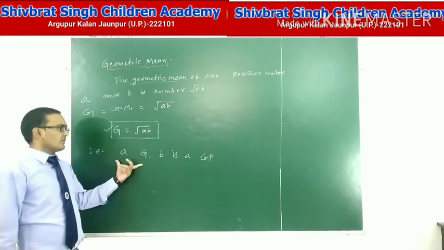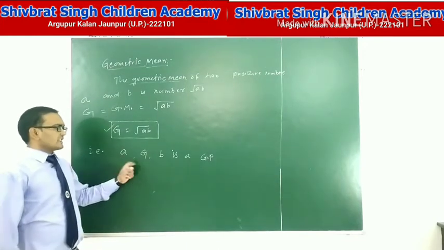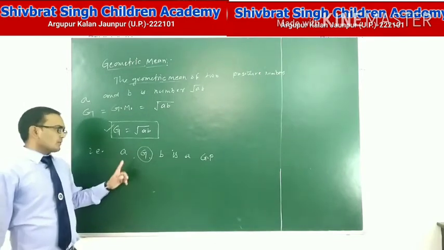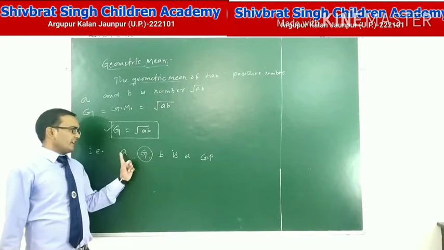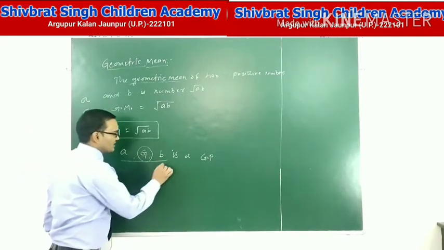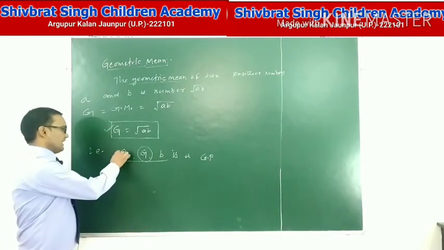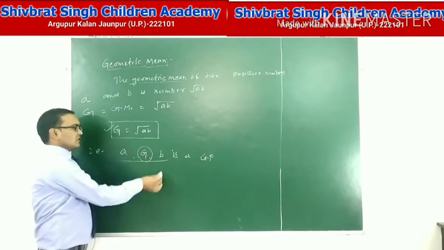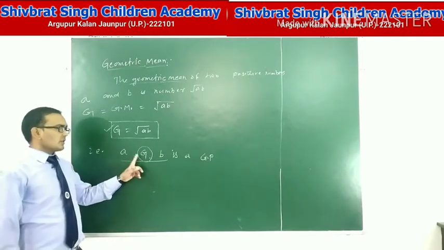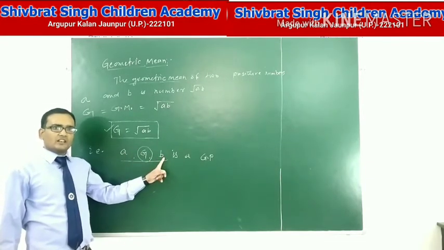What is the definition of G? We can insert a number G between two positive numbers a and b to make the resulting sequence a GP. We can say that a, G, b is a GP, and G lies between a and b, where a and b are positive numbers.